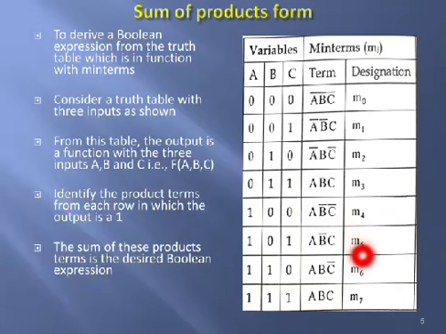Similarly is the case with all the other min terms. For the last combination 1 1 1, the min term possible is a b c, which you designate with m7. Okay. So having known all these three variable min terms, you can go for an example and write the sum of products form.